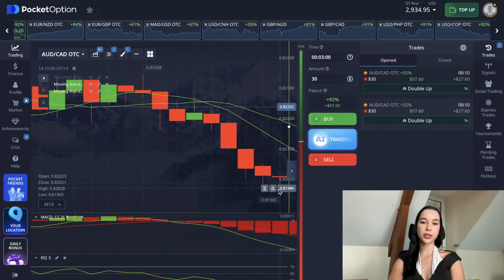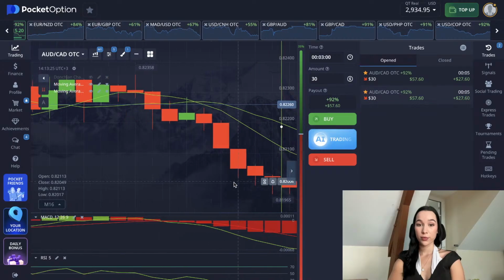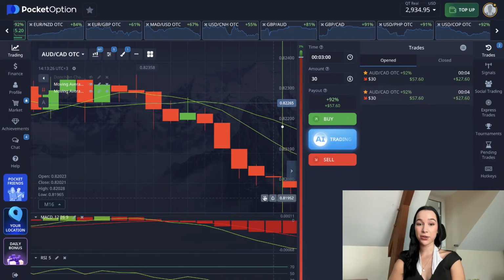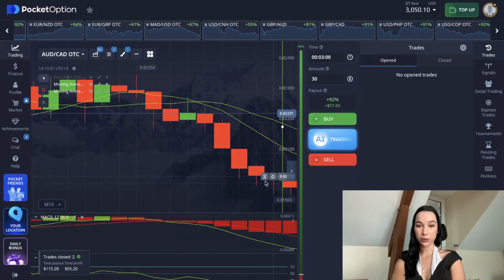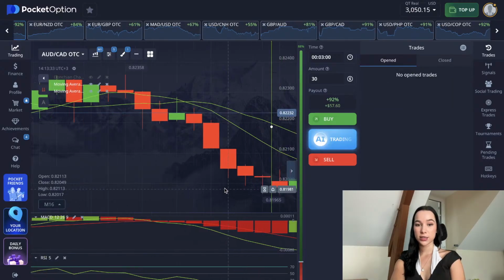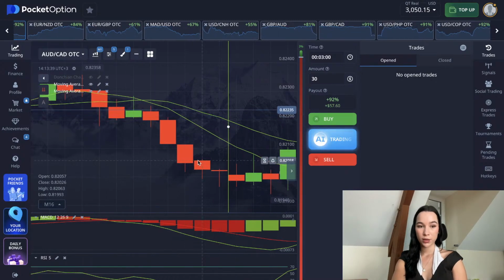It was a downward trend here, and what we can see here is a hammer. Again, it's a candle that appears at the bottom of the downtrend, here. It has a long lower wick, this line, and a small body, right?